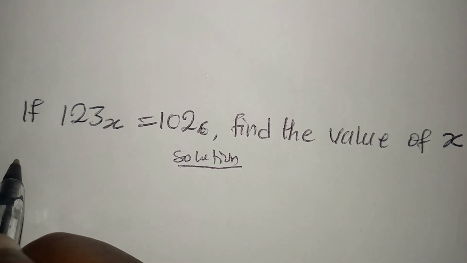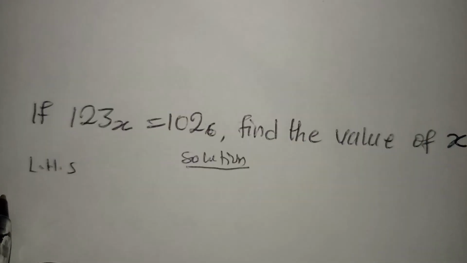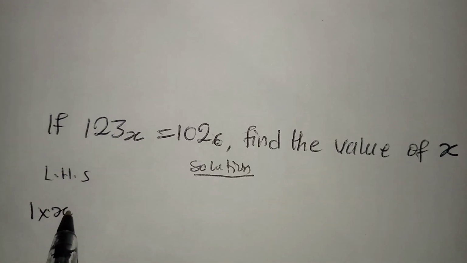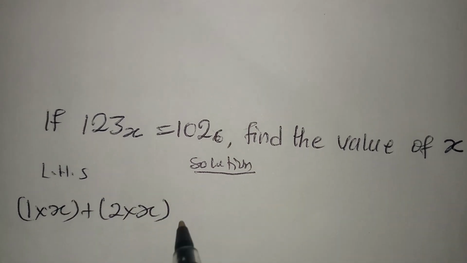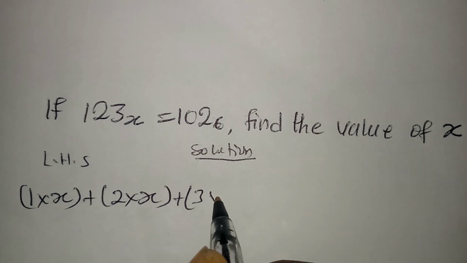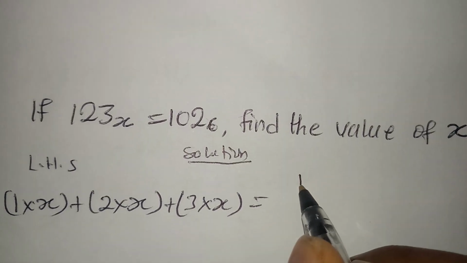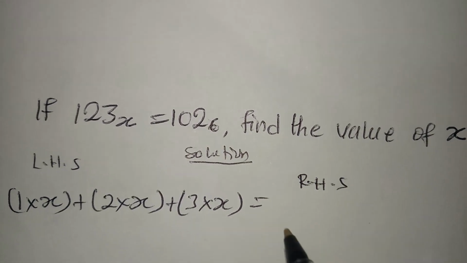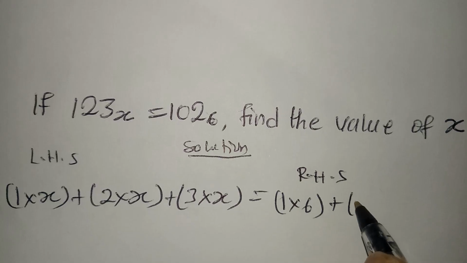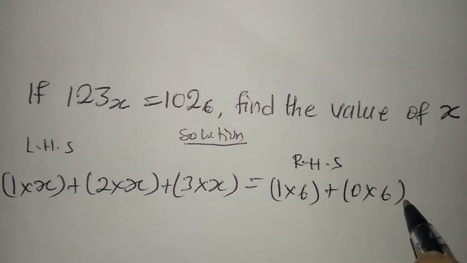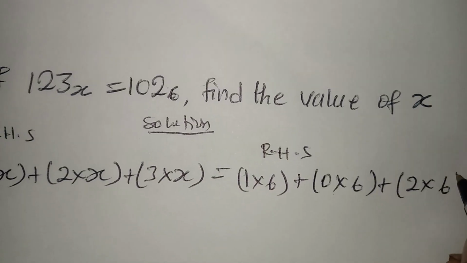Considering the left hand side, that will be 1 times the base, plus 2 times the base, plus 3 times the base, equal to the right hand side, which is 1 times the base, plus 0 times the base, plus 2 times the base.